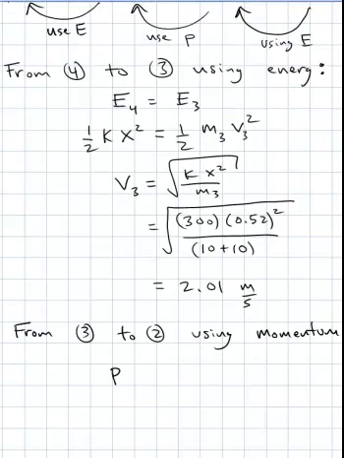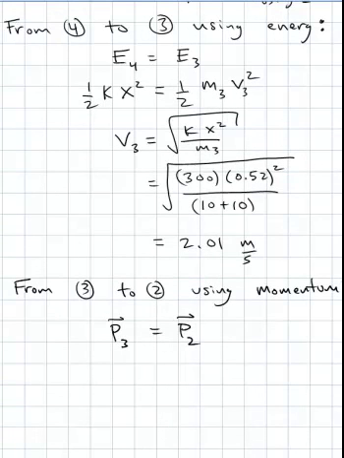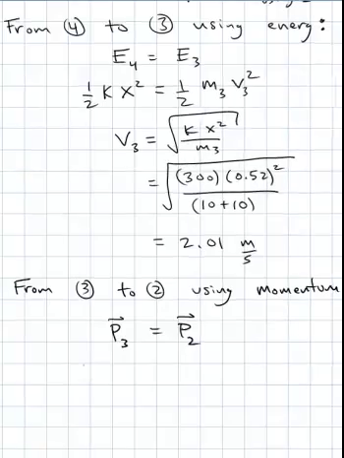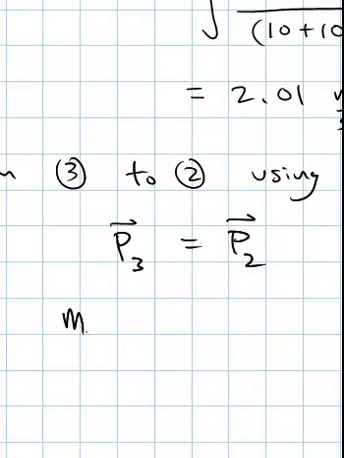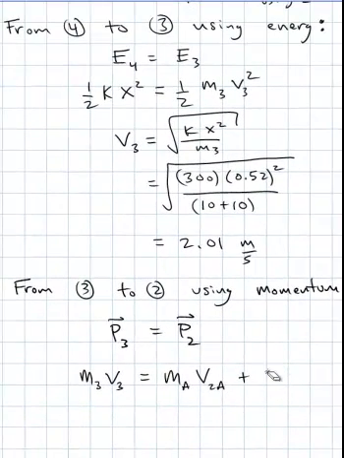So the momentum at time 3 has to equal the momentum at time 2. At time 3, there's only one thing, the mass of 3 times the velocity of 3. At time 2, we have two things. We have the mass of A times the velocity plus the mass of B, that's an M, the mass of B times its velocity, but it's not moving.